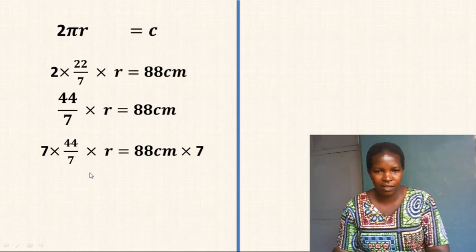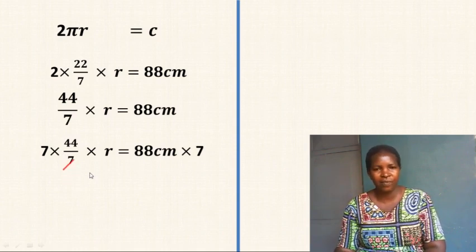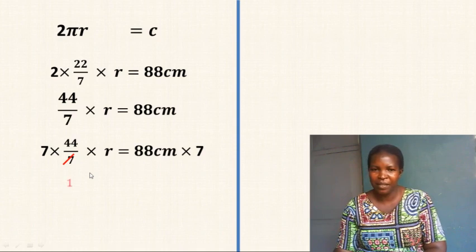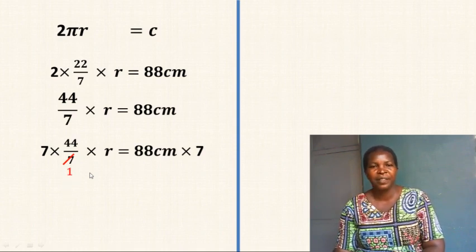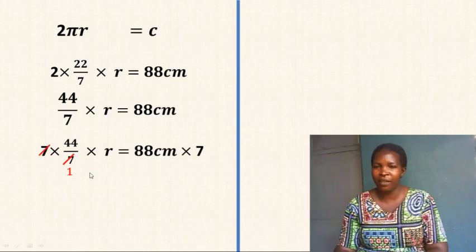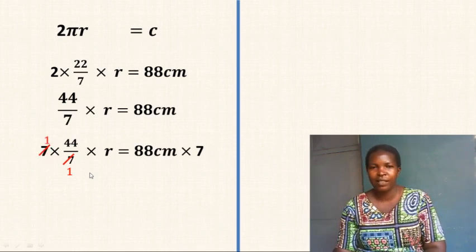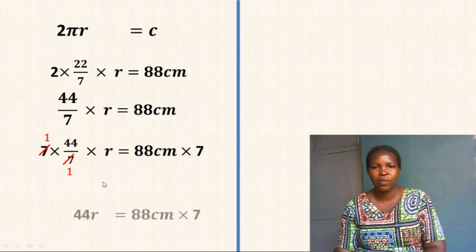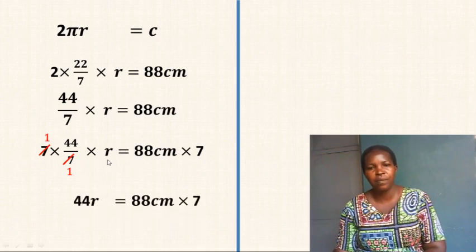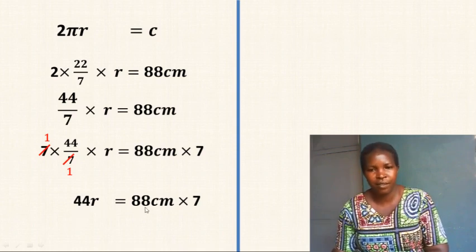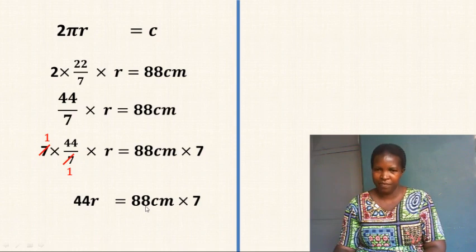My question is, what is 7 divided by 7? Somebody is telling me the outcome is 1. Good of you. So in our next step, we shall have 44 times r, which gives us 44r is equal to 88 centimeters times 7.